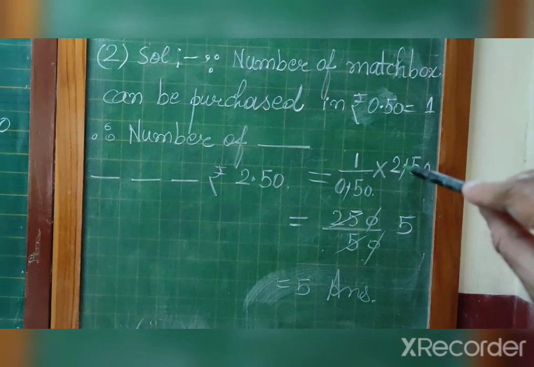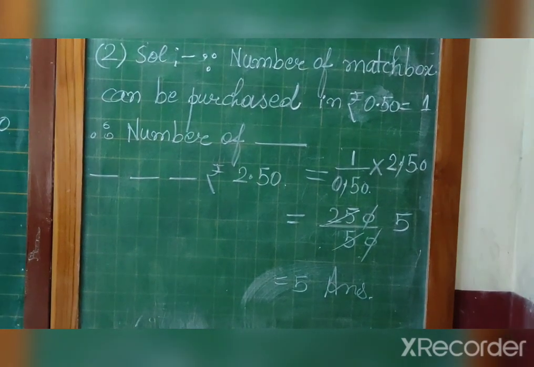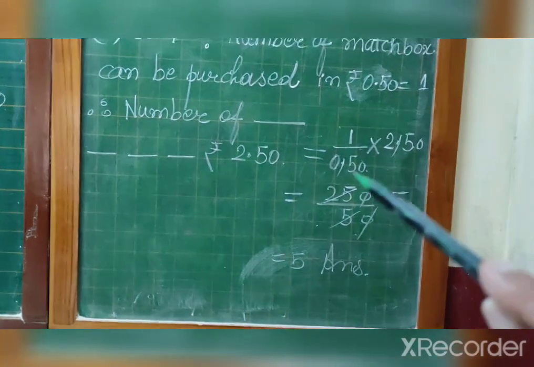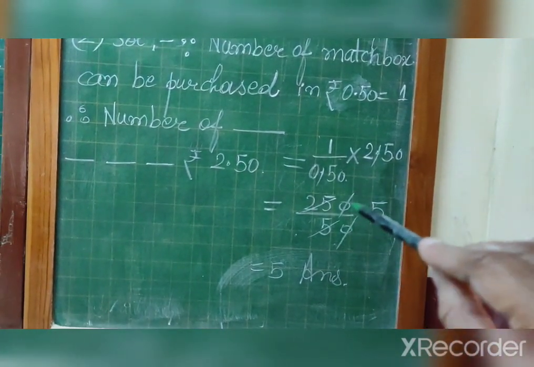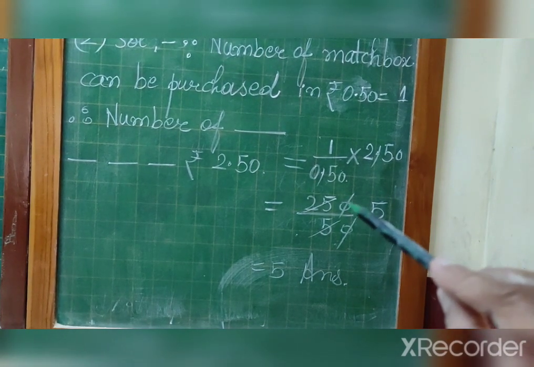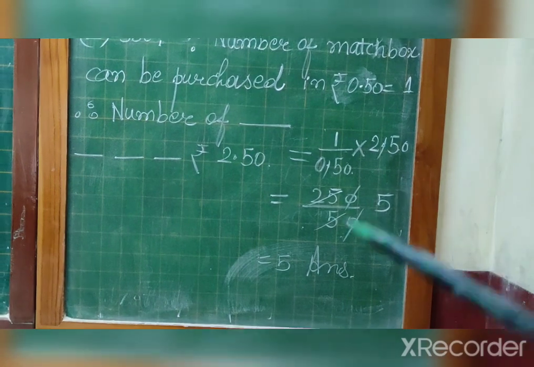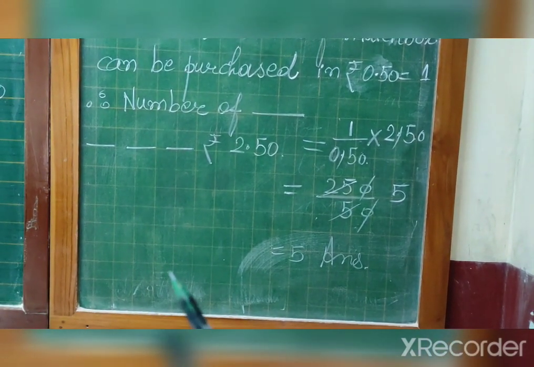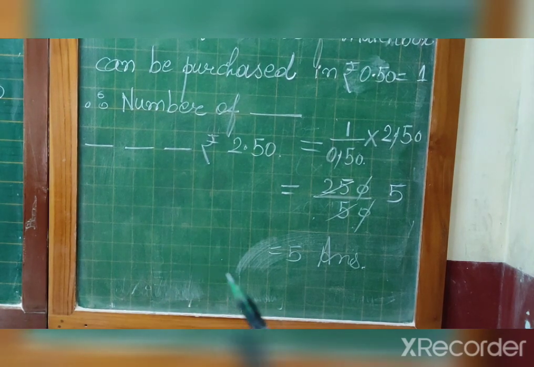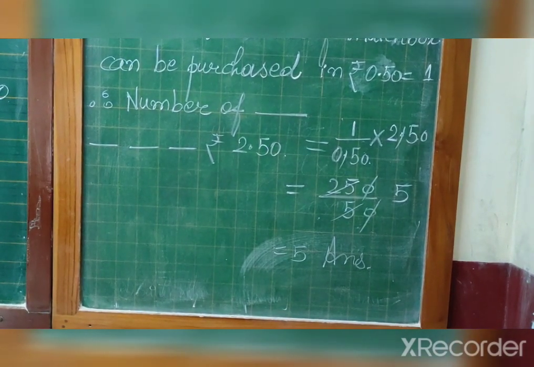Before 2 digits, the decimal is here, so we can cancel this decimal. The left value is 250 upon 50. This 0 cancels with this, and 25 is divisible by 5, 5 times. So in statement form you will write: in rupees 2.50 we can purchase 5 matchboxes.